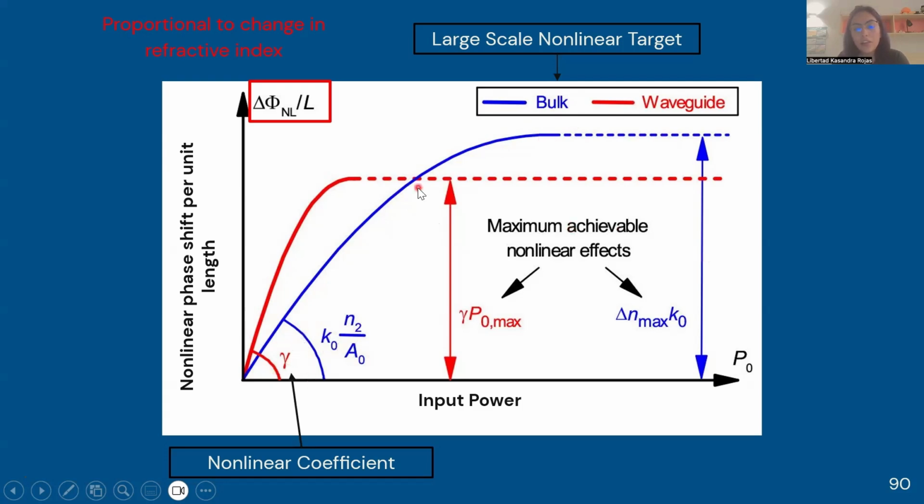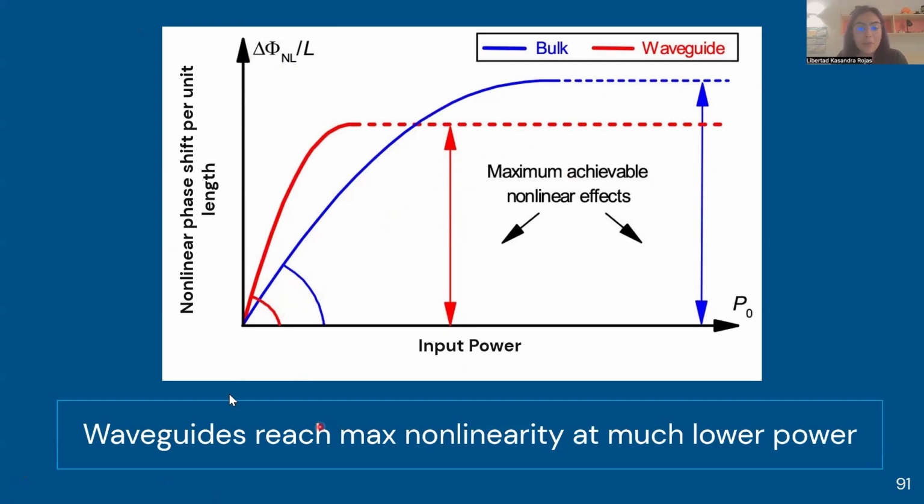Ultimately, what this is trying to tell us is that waveguides are much better at harnessing nonlinearity. If we have our nonlinear material within a waveguide, you're able to get maximum nonlinearities at much lower power. For example, in this space here, if you want such nonlinearity, you have to input much more power with a bulk type nonlinear material, whereas in waveguides you need much less power.